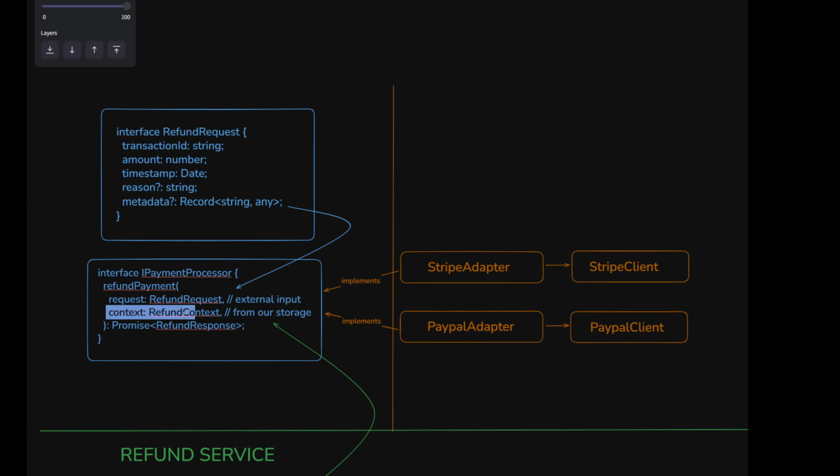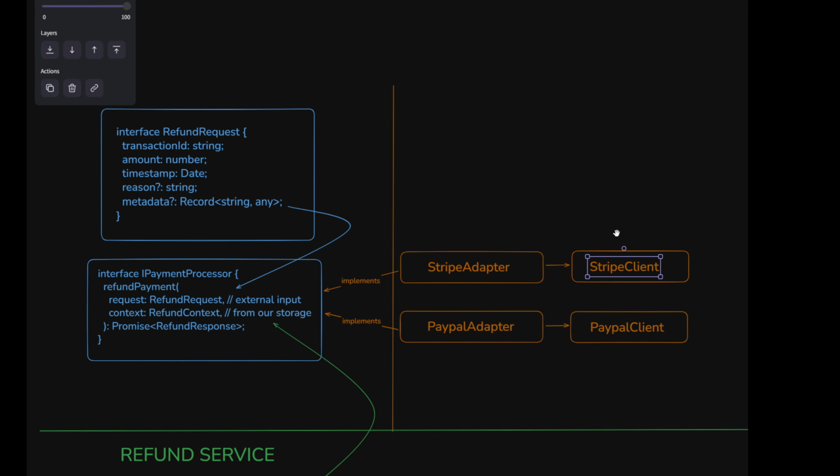Then we will provide refund context, which we will take from most likely our storage, some information about the payment we are refunding, which we probably stored in a database. So this is essentially going to be our dependency inversion layer. Now our Stripe and PayPal and whatever payment service must implement this interface.